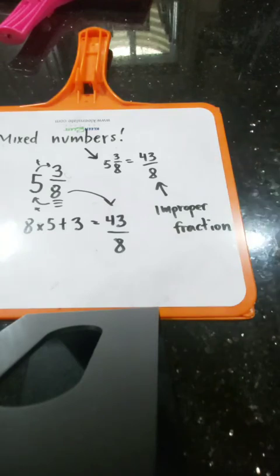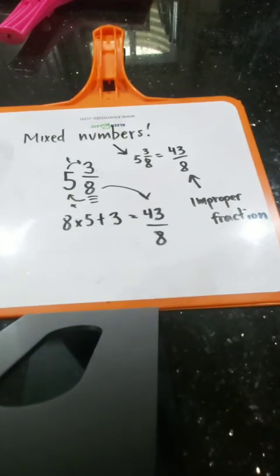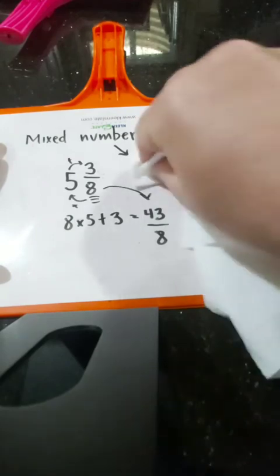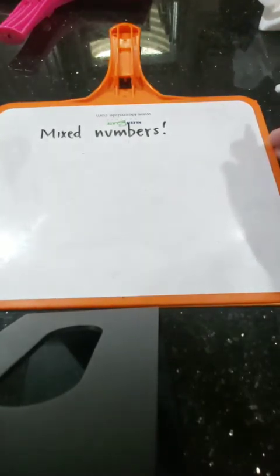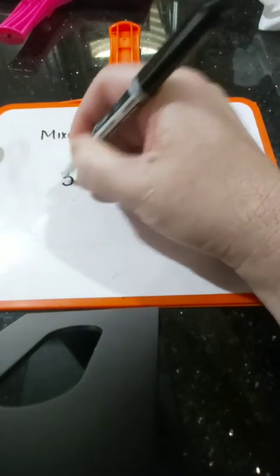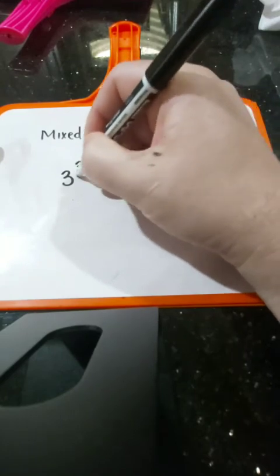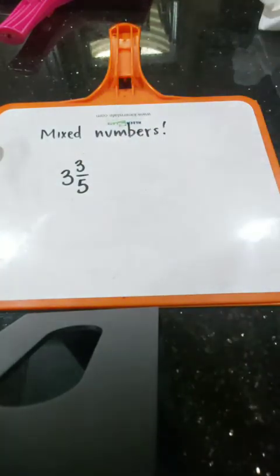All right. So let's try another one. So our goal this week is going to be to convert all of our mixed numbers into improper fractions. All right. So again, a mixed number looks like this, 3 and 3/5. Okay.